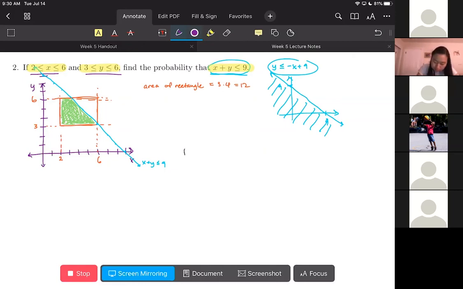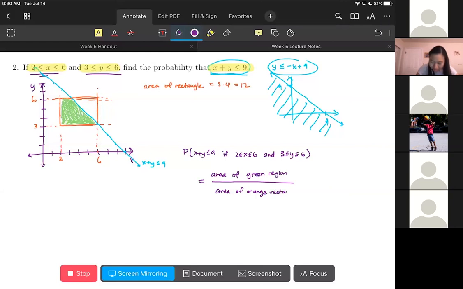So let me write this down. Probability that x plus y is less than or equal to 9 equals area of, in this case, the green region, over the area of the orange rectangle.